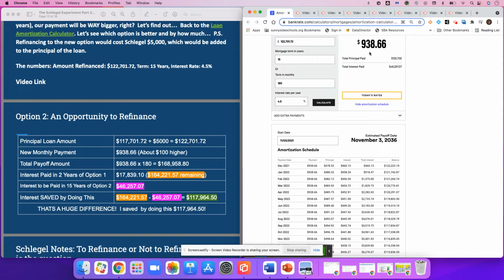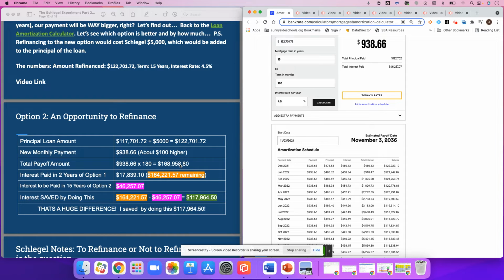I'll tell you what, everyone, to save $134,000 and have a monthly payment that's only $100 higher, I would go get a part-time job at McDonald's or something if I needed to get another $100 a month so that I could have my home paid off in 15 years instead of 30 and save $134,000 in the process.